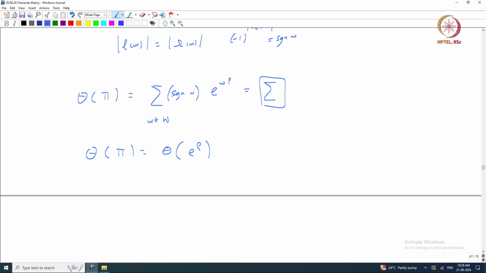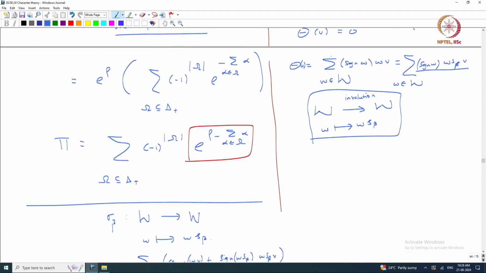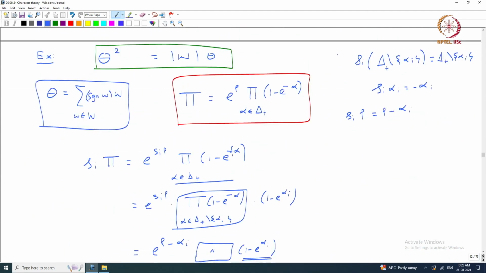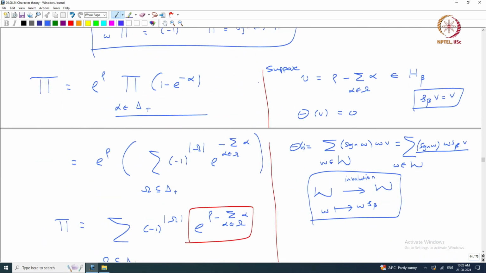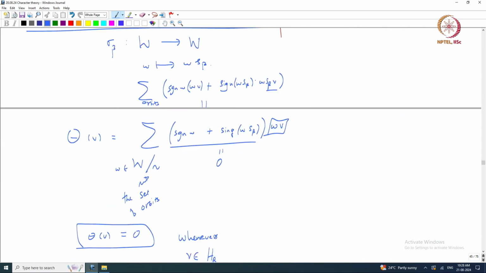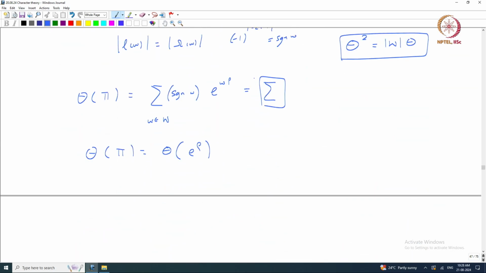So, we already have this identity, theta square is nothing but the cardinality of W times theta. If we use this identity, which is something we proved earlier, which I guess I gave as an exercise, then if you put them together, you see that when you apply this sigma, let us do this.